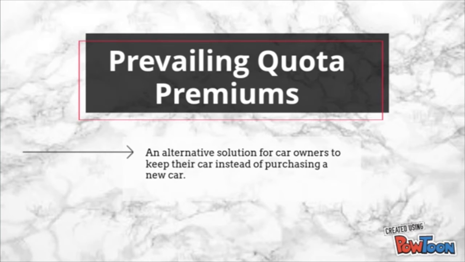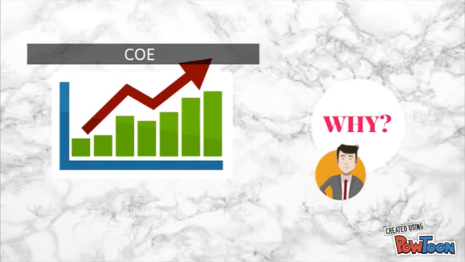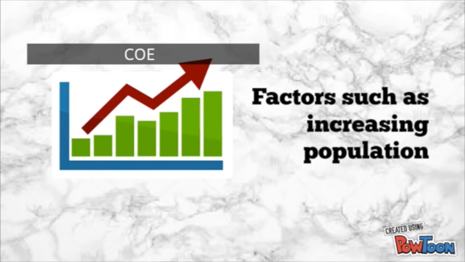the high cost incurred. So we have known that COE has been rising, and our main business question is what are the possible factors that lead to the rising prices of COE? Our team feels that the increasing price of COE is due to increasing population.